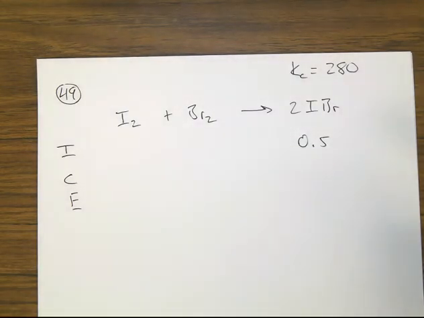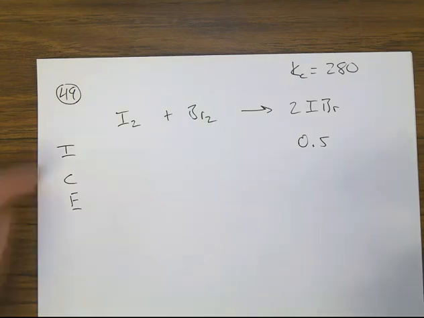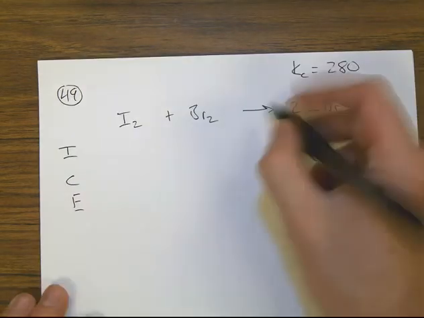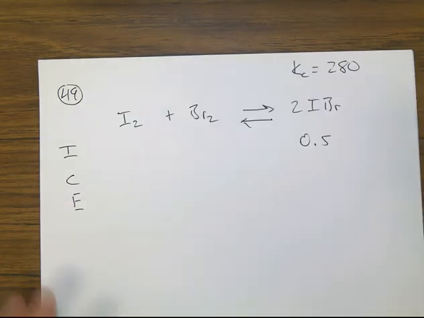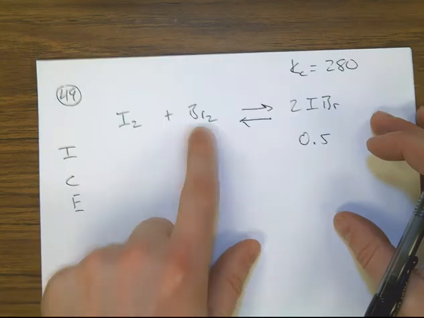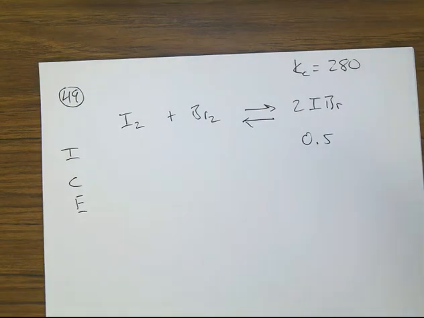So let's talk about how this reaction changes when it's trying to establish equilibrium. C, of course, stands for change. Well, obviously, you only have IBr. And because you only have IBr, the equilibrium is actually going to shift. I didn't draw my arrow going back the other direction. It's going to shift, and you're going to end up producing some iodine and bromine in the reverse reaction until it establishes equilibrium.